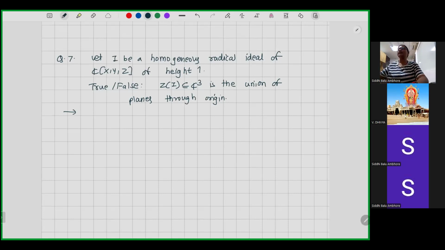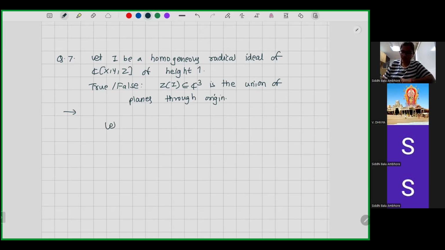So Z(I) is the set of all zeros in C cube of this ideal I, and I is a homogeneous radical ideal of height 1. So we have to check whether this is true: that if I have an ideal of height 1, then the zeros of that ideal are always a union of planes passing through origin. That's the question.